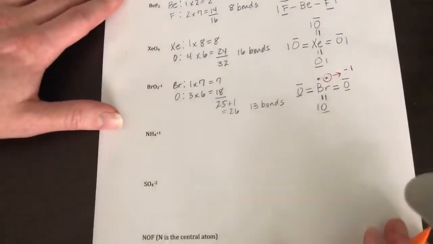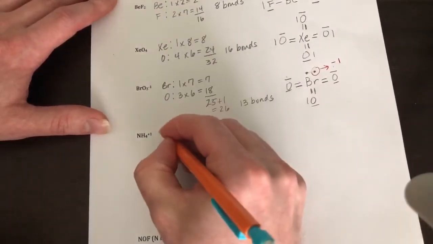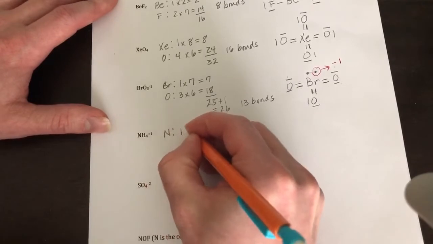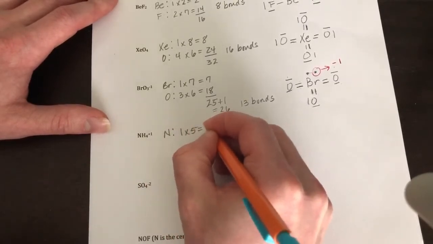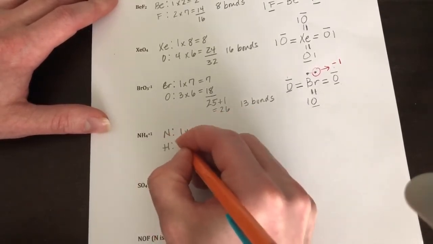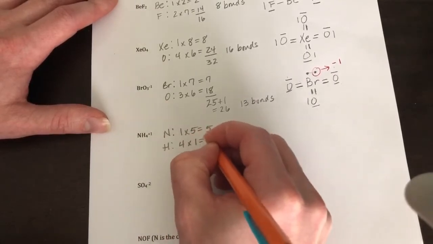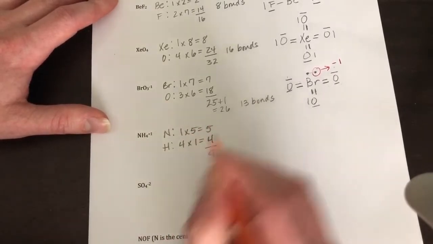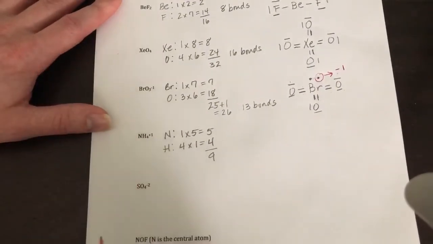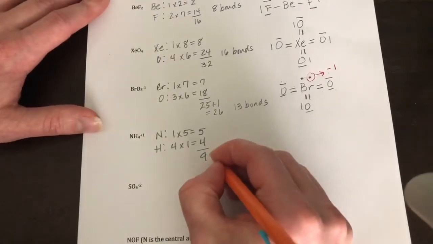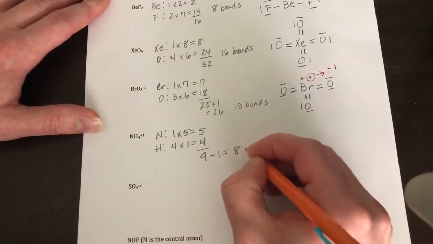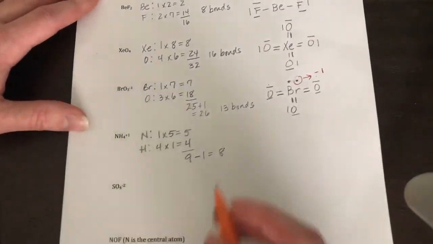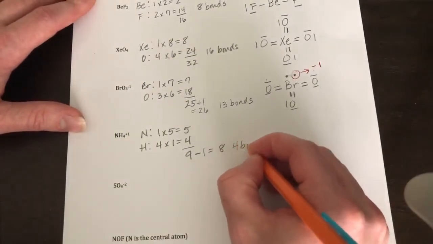Okay, NH4, ammonium ion. Nitrogen is in group 5. Hydrogen, got 4, they're in group 1, so I get 9. Now, positive 1 charge means that it lost 1 electron. So I get 8 electrons, so that means I have 4 bonds.